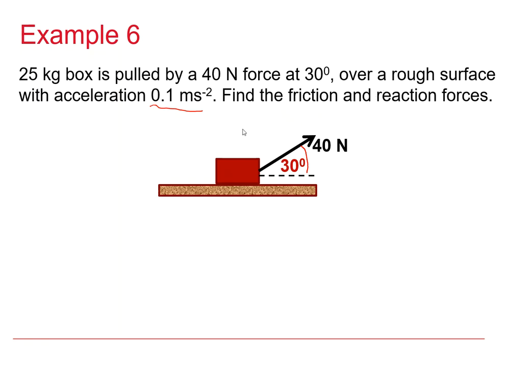Okay, so let's see, what can we do? There's a few things that we need to do. They don't have to be done in any particular order yet, but why don't we start by resolving this force into its components.